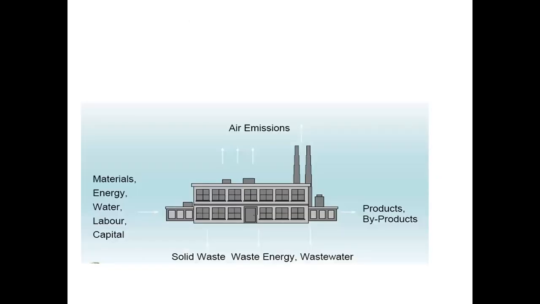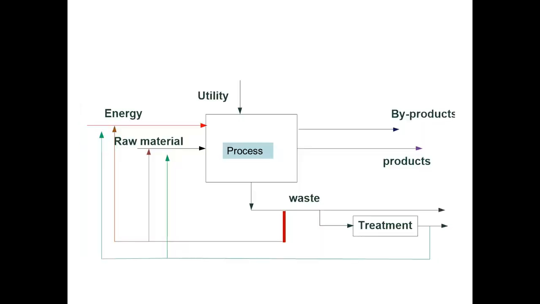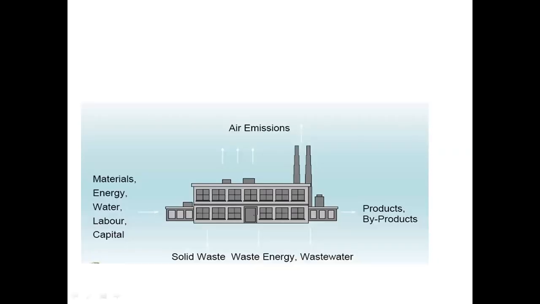Okay, so what is this? Now you are already familiar with this diagram. This is a process industry, or we can say wherever the production process occurs. It may be a tire manufacturing plant, or latex processing plant, or glove manufacturing plant, or plastic processing factory, or whatever factory.